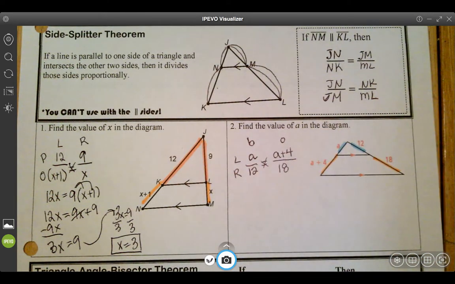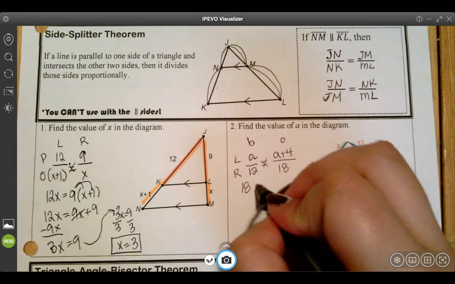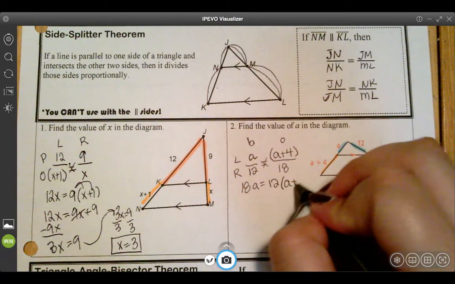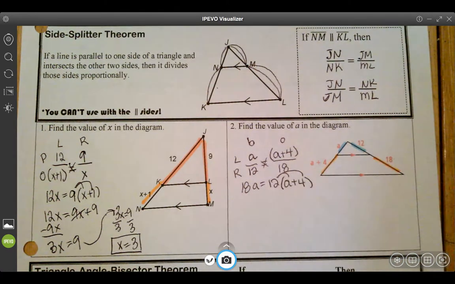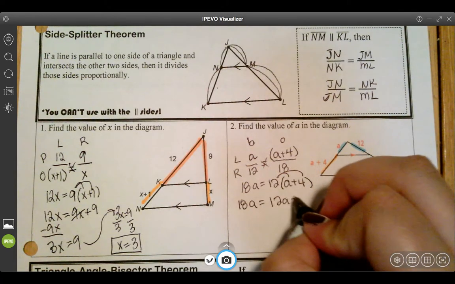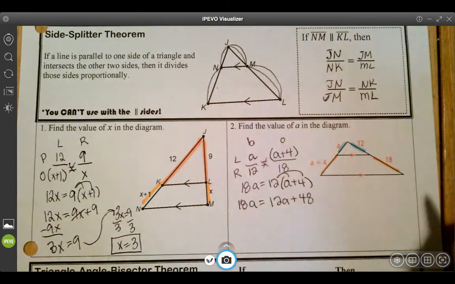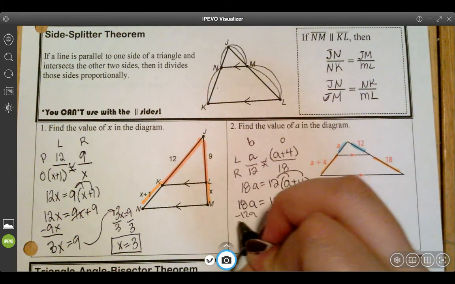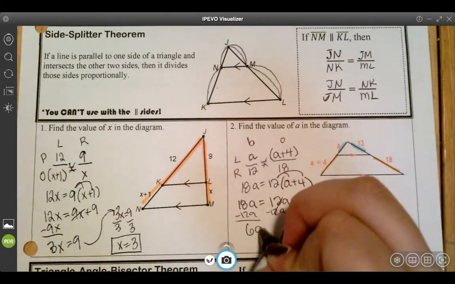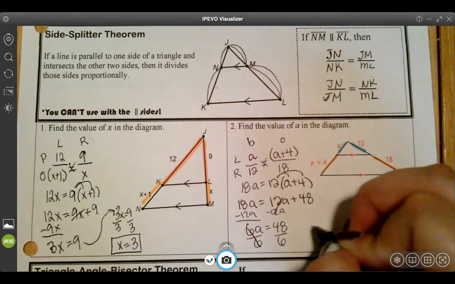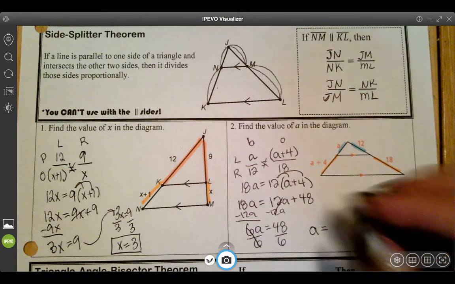Again, by cross multiplying, 18A equals 12 times the quantity of A plus 4. Distribute. 18A equals 12A plus 48, minus 12A. That gives us 6A equals 48. Divide by 6. A equals 8.